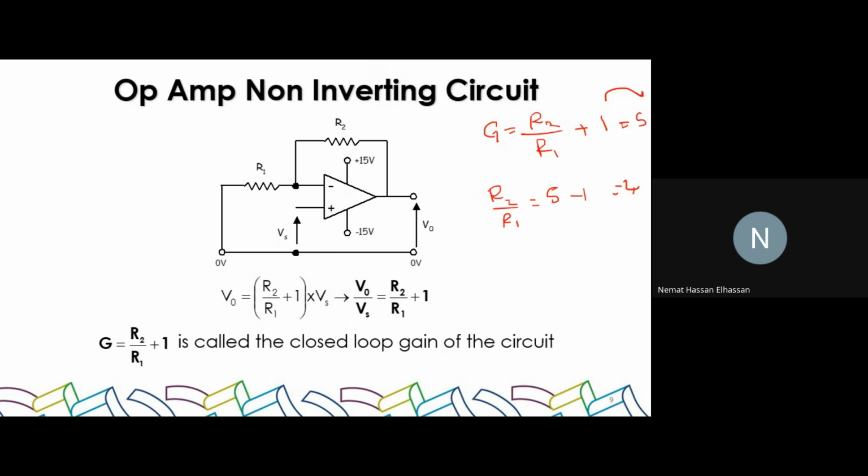So you choose any two values where R2 over R1 is equal to 4, or in other words, R2 is equal to 4 times R1. And if R1 is 2, R2 has to be what? 8. If R1 is 5, R2 has to be 20. You have to select one value and make sure that the other value is 4 times that value. Does that make sense? Clear?